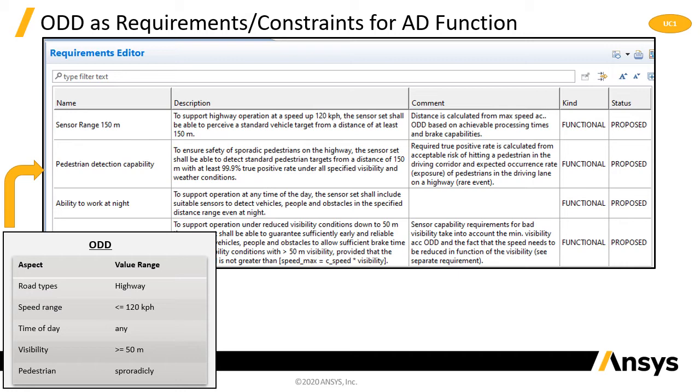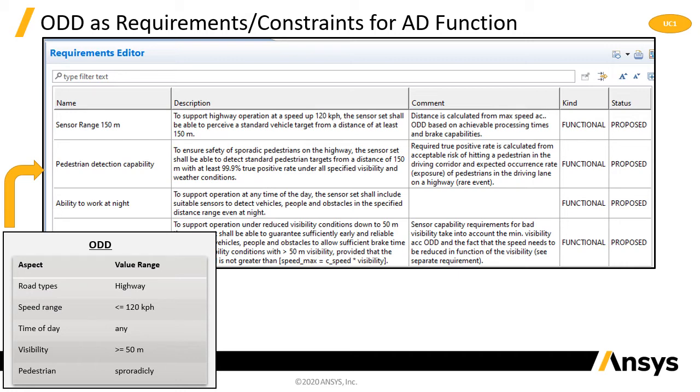So the data from the ODD, like speed, gives direction on what the requirements of the sensor set should be regarding ranges. And other things, we have sporadic occurrence of pedestrians. So we have one requirement here on pedestrian detection capability. We have time of day can be any.